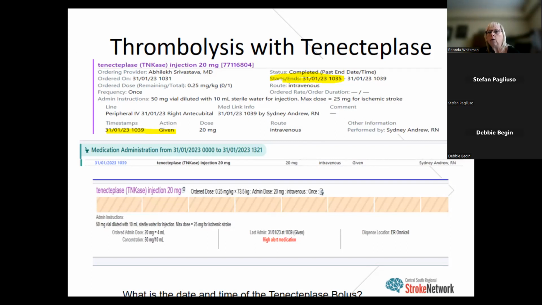The way the order looks, 10:35 is when it was pulled from the OmniCell, when they took it out of the OmniCell. But when it was actually given was at 10:39. This is when the actual nurse had the bolus given intravenously.